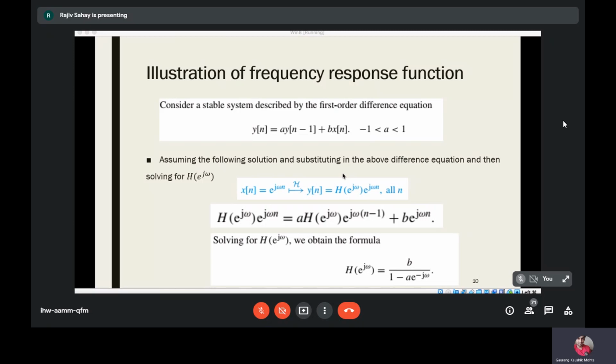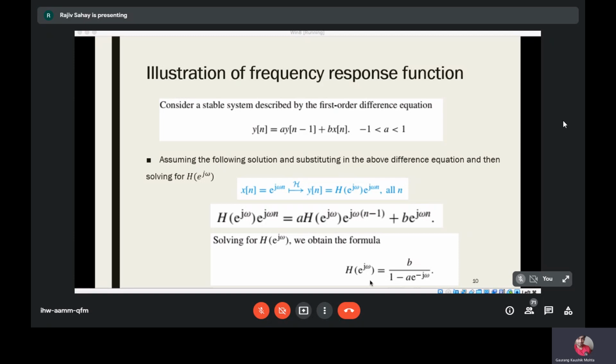So y of n is equal to this times e power j omega n. If you simplify this difference equation by substituting y of n and x of n, you get this equation. This can be simplified, and you can obtain the formula for H of e power j omega.